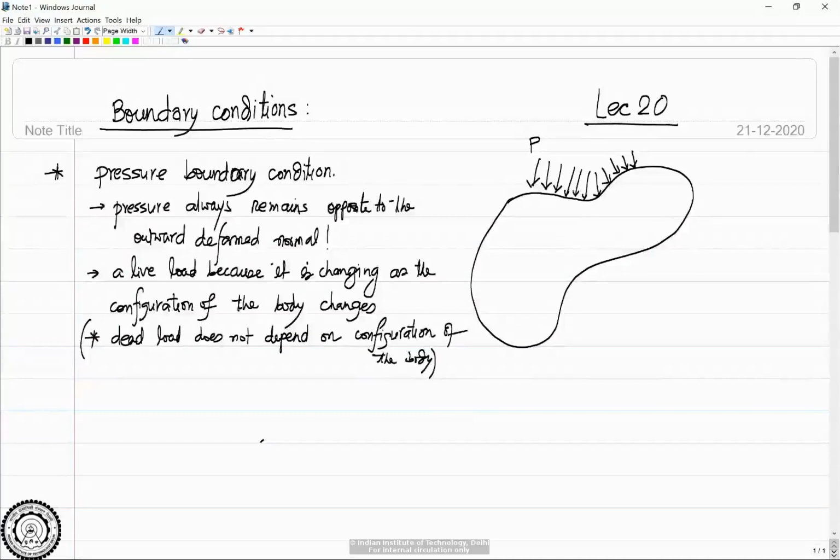Okay, so how do I, so as Pulkit said that the traction should be equal to, so basically pressure is acting only along the normal and there is no shear component.